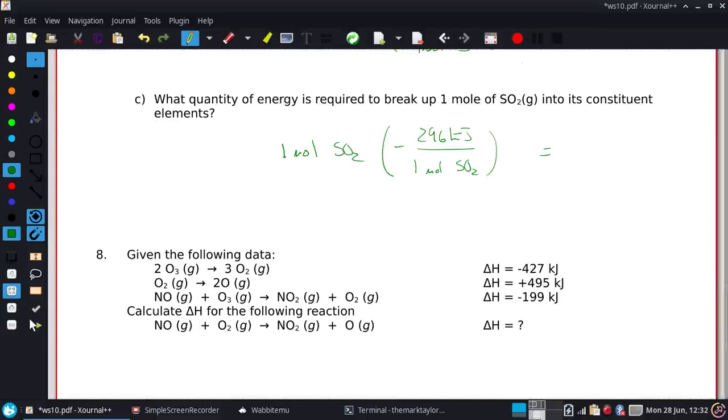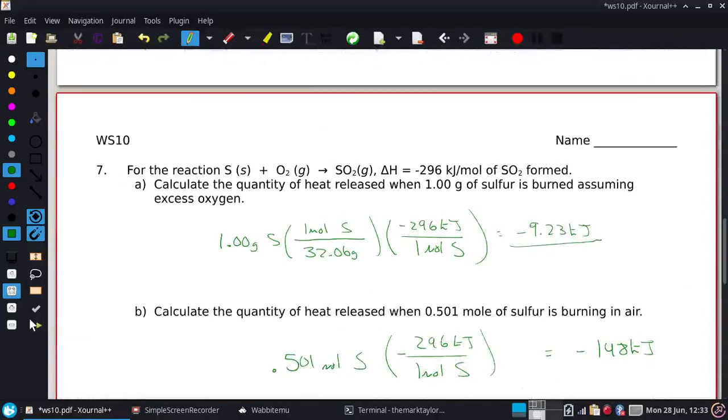Now, something weird, as this reaction goes forward, the system or the reaction does require that heat. But if it wants to know what quantity is required to break it up, this is really what's going to be coming out, because it is an exothermic reaction, a negative reaction. So it is still negative.